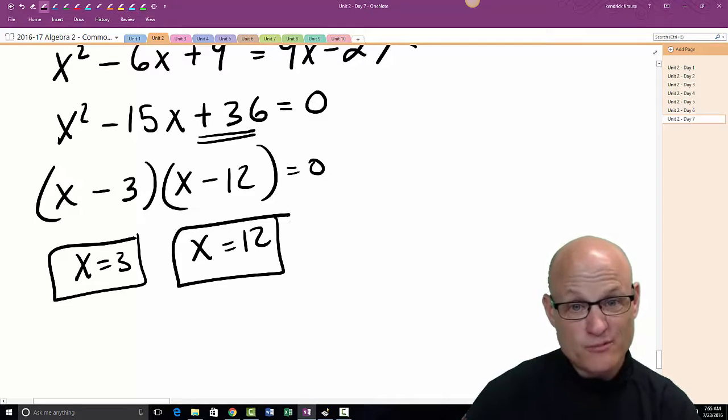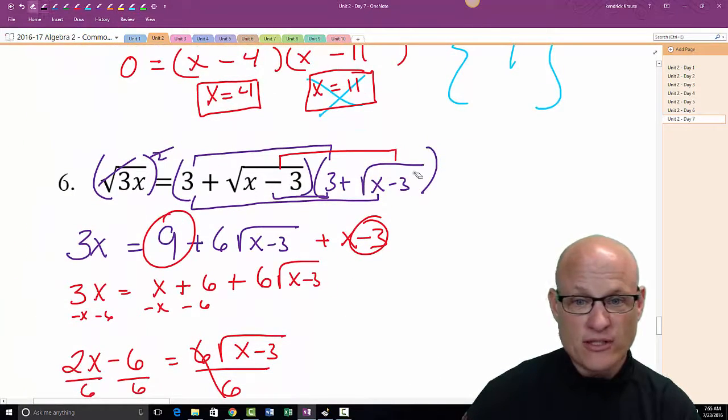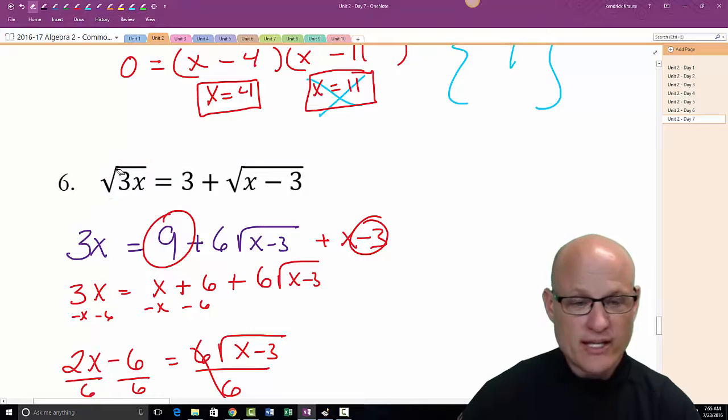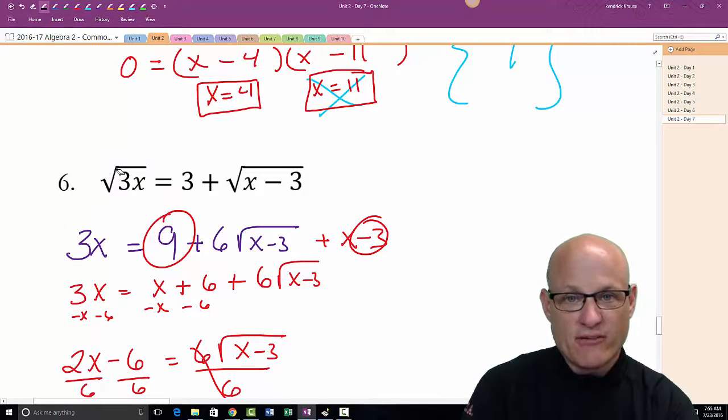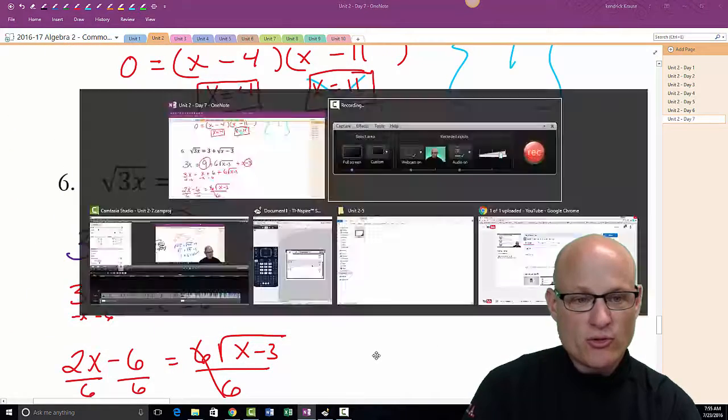Are they both going to work? I'll tell you what, we're going to use the calculator to check these because I'm feeling really lazy. And I'll show you how the calculator can check these very fast. So first thing first, we're going to store what were my two answers, 3 and 12. We're going to store 3 in.